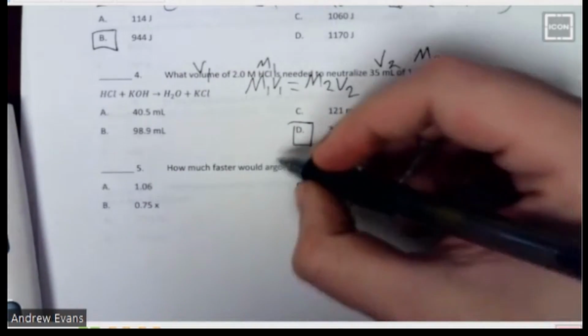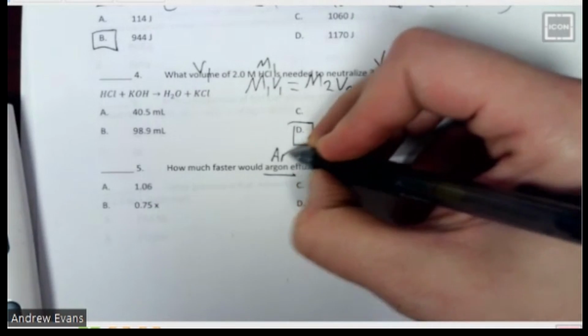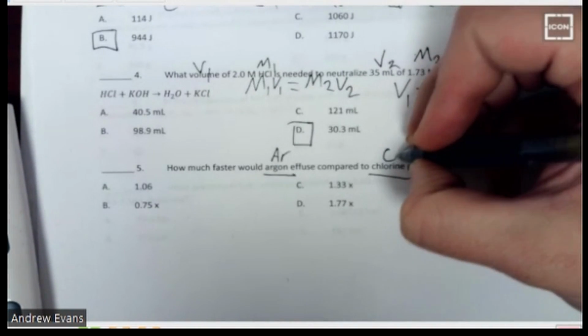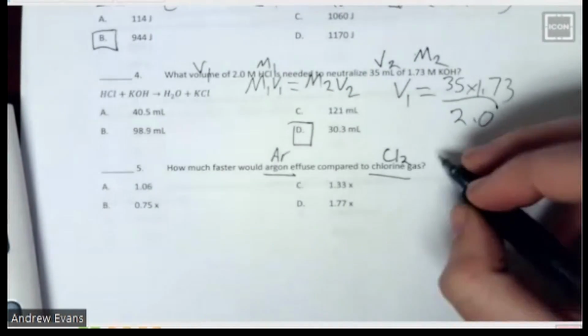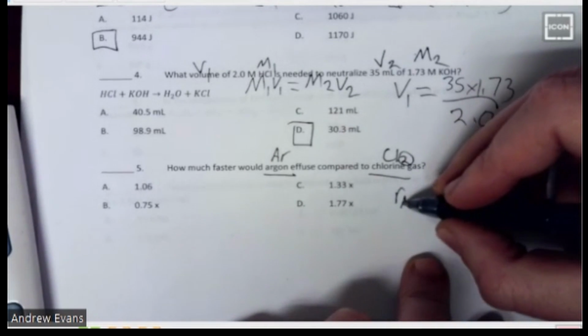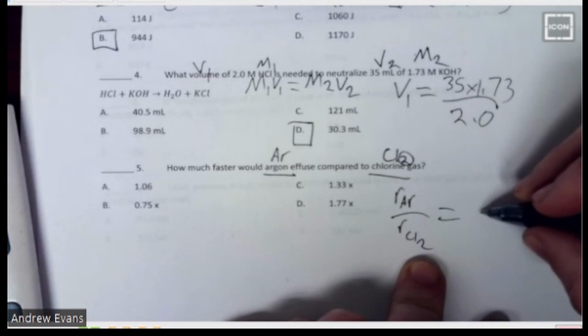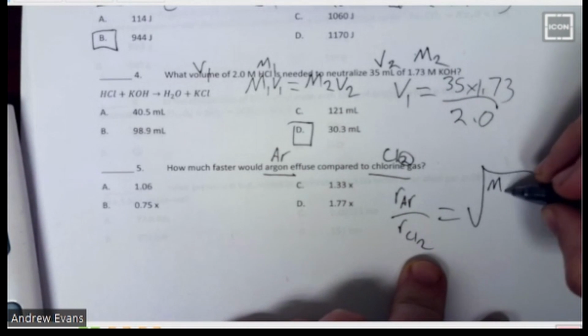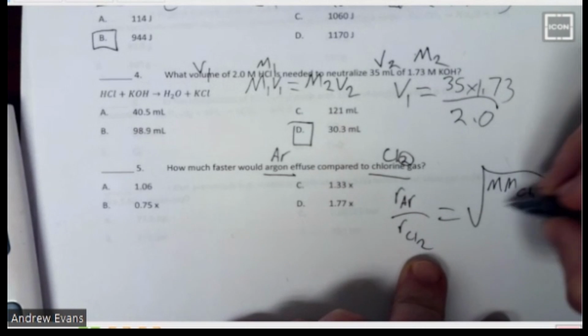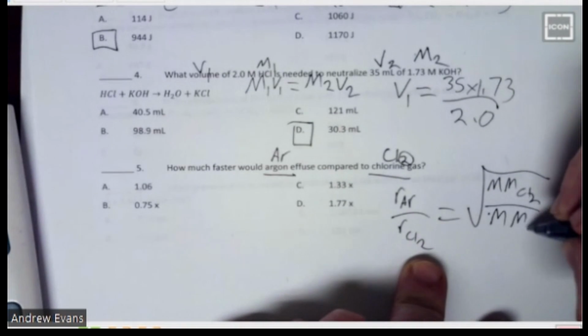How much faster would argon be compared to chlorine? Key thing here is the Cl2. The equation is rate of argon over rate of chlorine equals the square root of the molar mass of chlorine over the molar mass of argon.